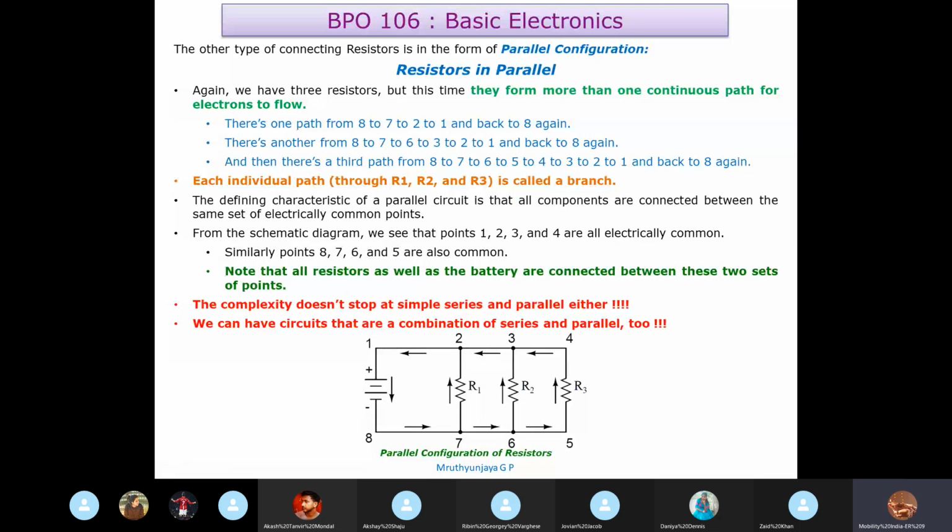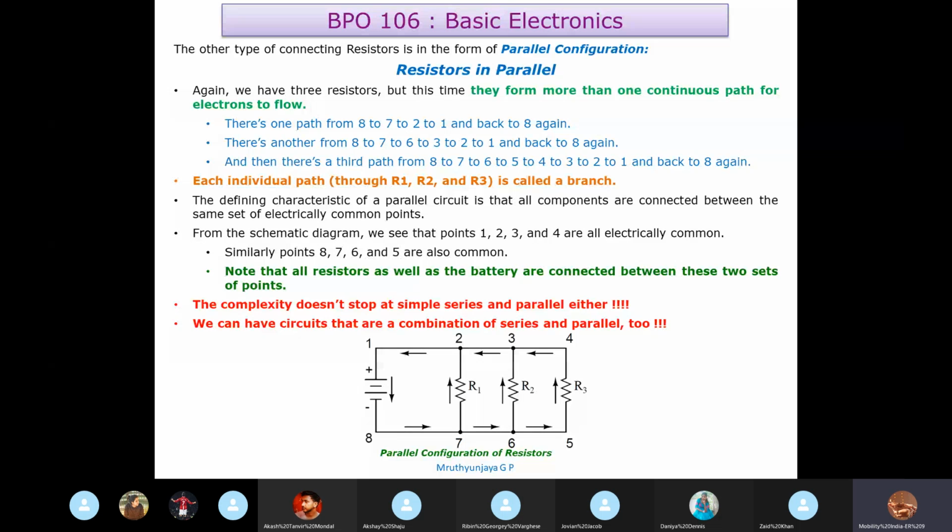And one more point for you to cross-check your answer: resistors in series. I repeat, for resistors in series, the equivalent resistance will be more than the value of the individual resistors.